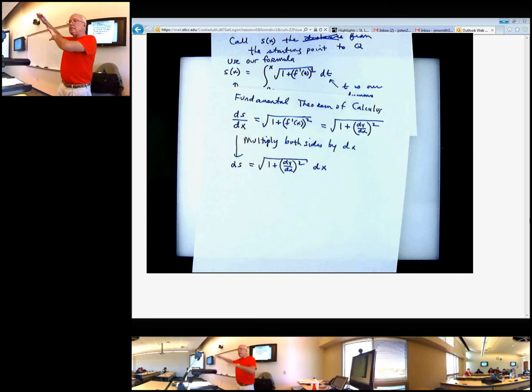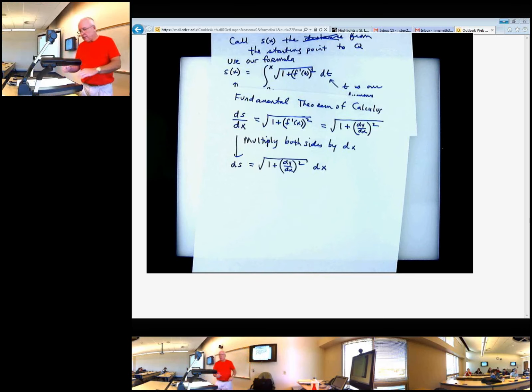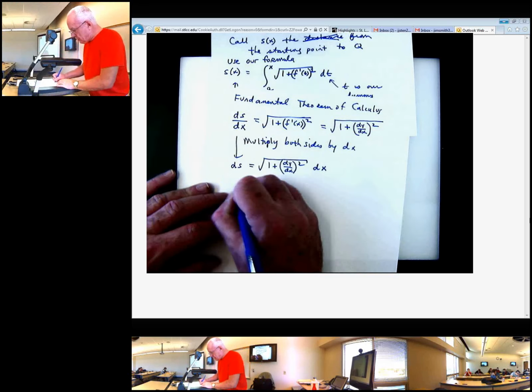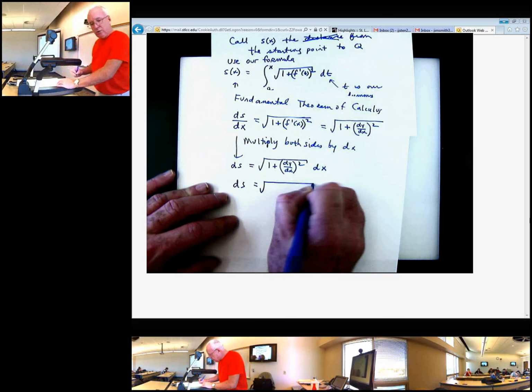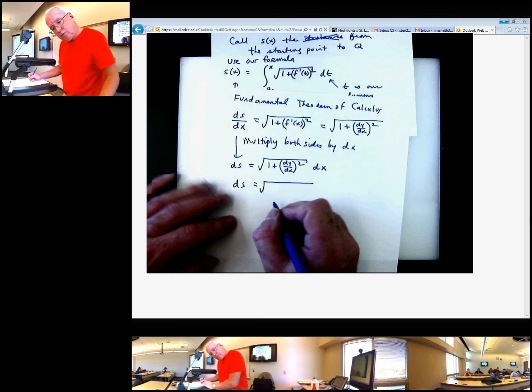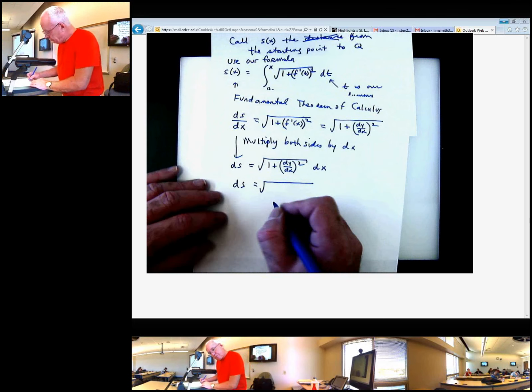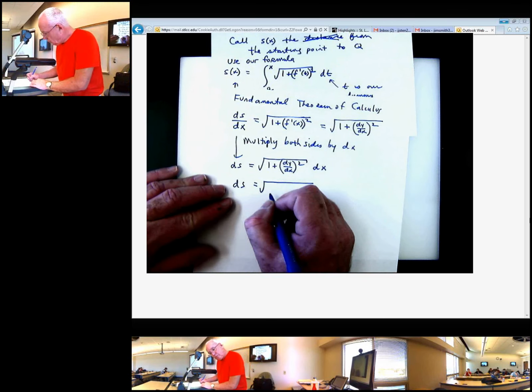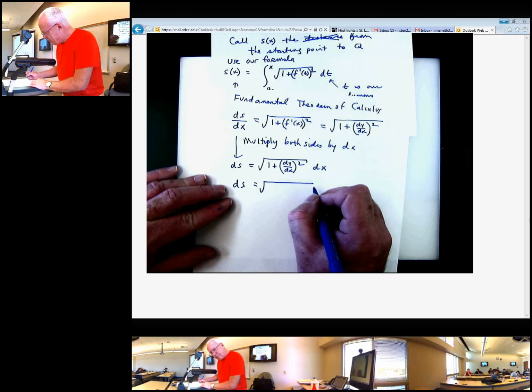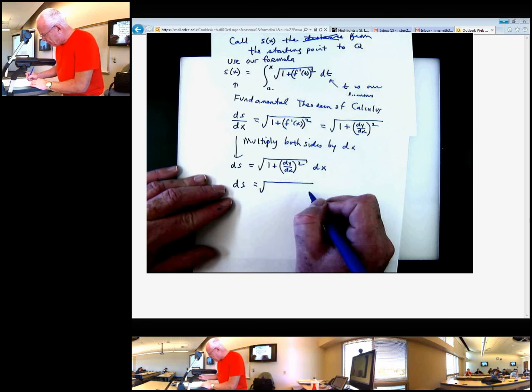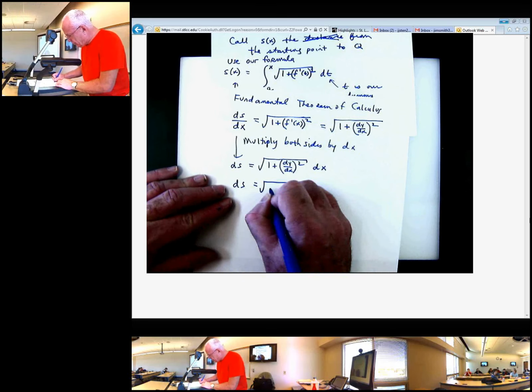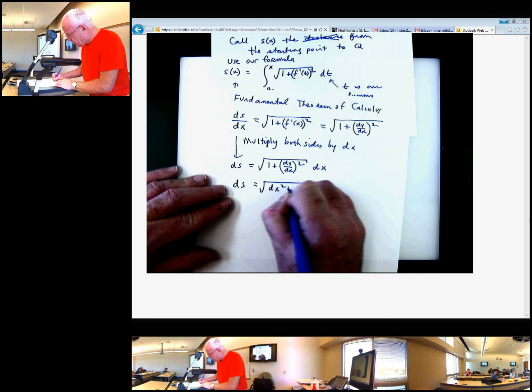Now let me bring that dx under the radical. To bring it under the radical, what do I have to do to it? I have to square it, right. So ds is equal to the square root of dx squared plus dy squared.